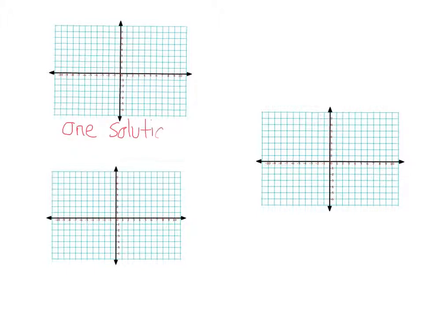So when you get one solution, that means that you're going to have 2 lines that intersect at a particular point. And that's going to be your answer, your solution. So that's when we have one solution. We've talked about that for 4 sections now. That's not anything new.